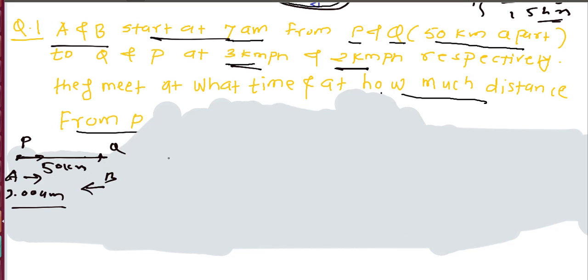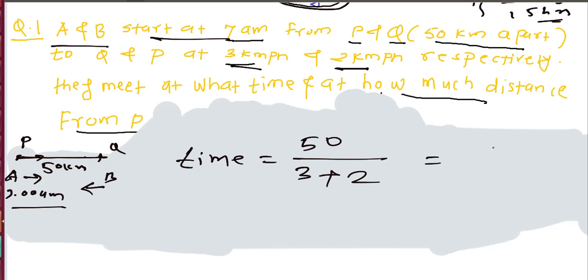So the relative speed is speed of A plus speed of B, that is 3 plus 2 is 5 kilometers per hour. So the time required to cover this 50 kilometers is equal to 50 divided by 3 plus 2, which is nothing but 50 divided by 5, which is nothing but 10 hours.